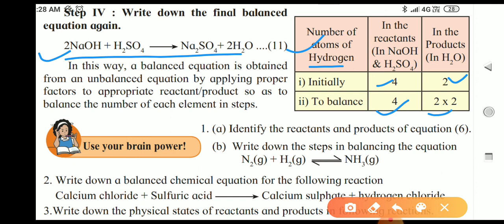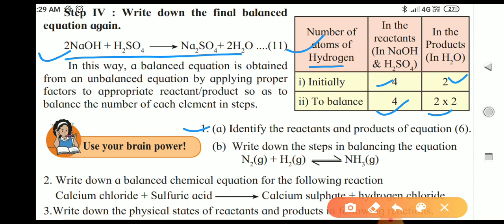Questions are given for you based on this. Question number 1 is: identify the reactants and products in equation number 6. We have to see equation number 6 and write the names of reactants and names of products.